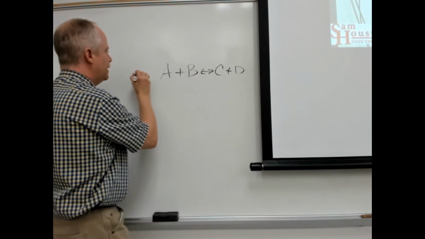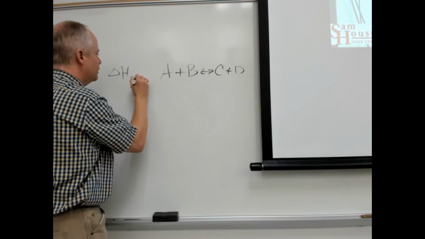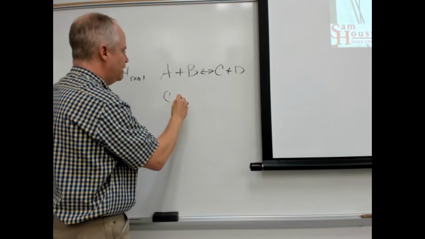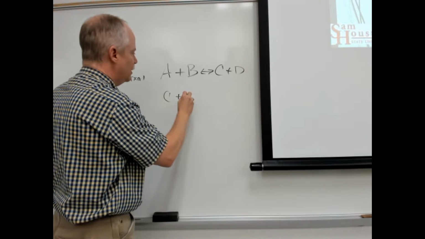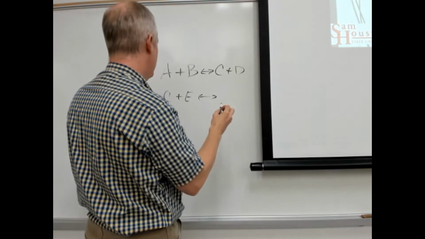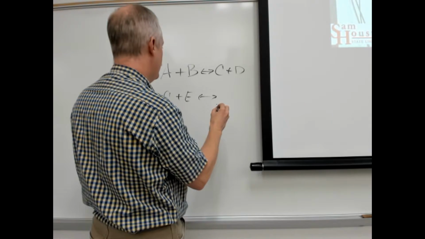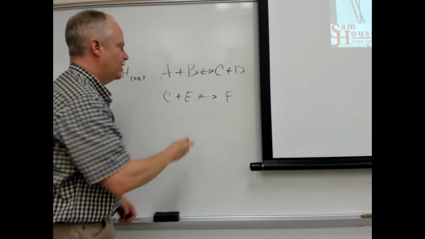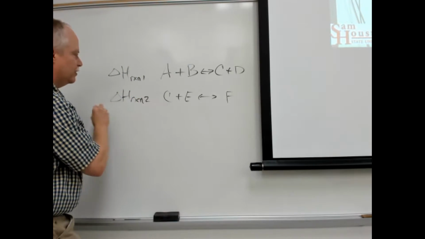So you have this reaction, and it may have a delta H of reaction 1, and then you have a second reaction of C plus E gives, let's just say, F. So they combine to give F, and this is delta H of reaction 2.